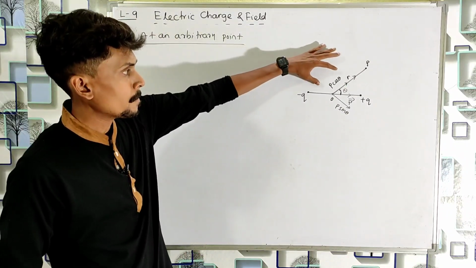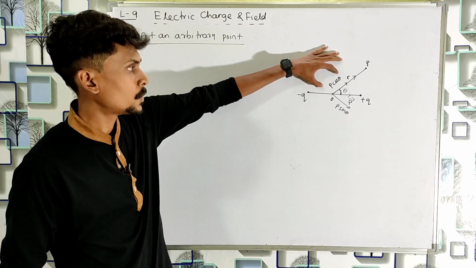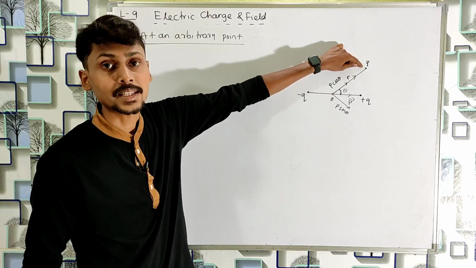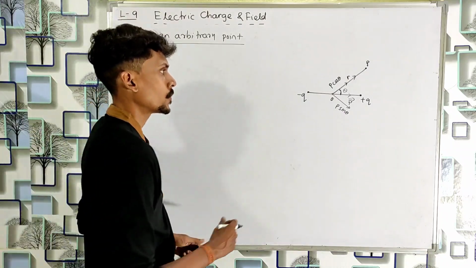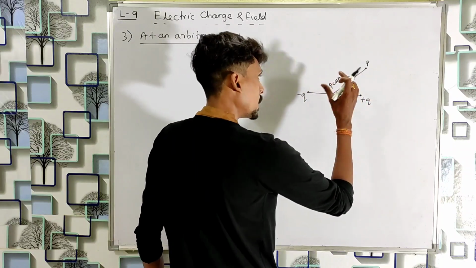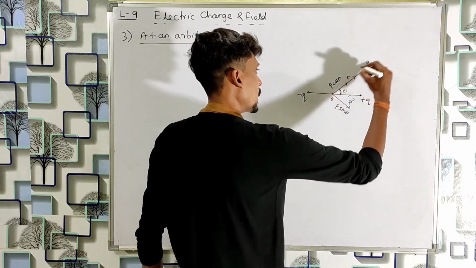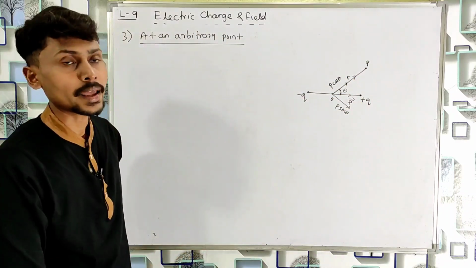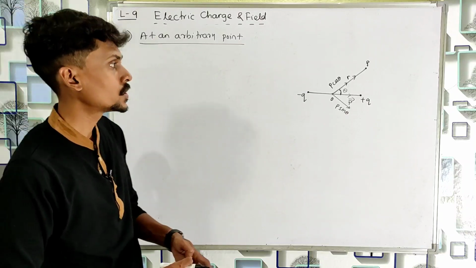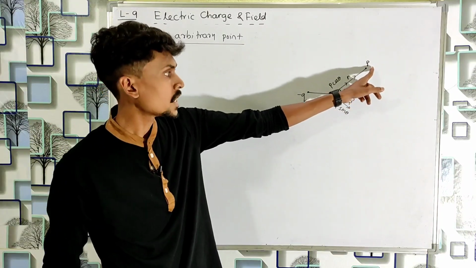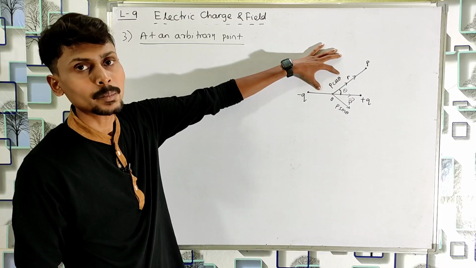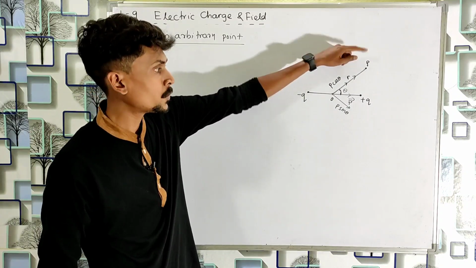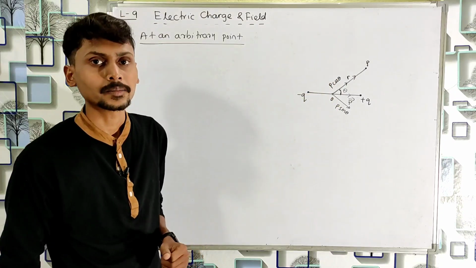For the component p cos theta, this point is an axial point, because assume that we have a dipole moment p cos theta along this line and the point P is also lying on that line. But this point P is an equatorial point for the component p sin theta.